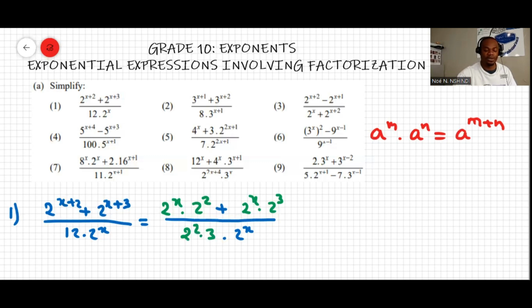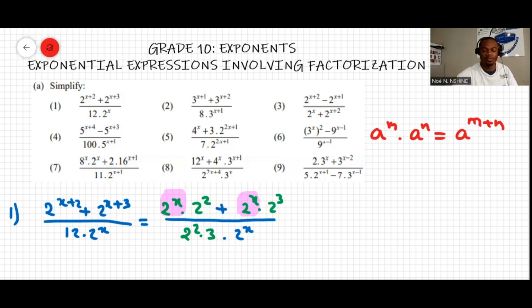Now that we have written it this way, we note the presence of 2 to the x in the two terms of the numerator, because the plus sign makes the numerator two separated terms. This is a term, that is a term. Now we can take 2 to the x as a common factor.